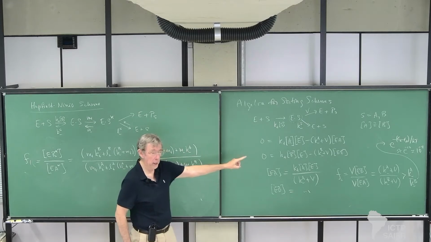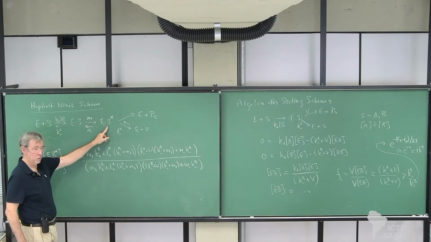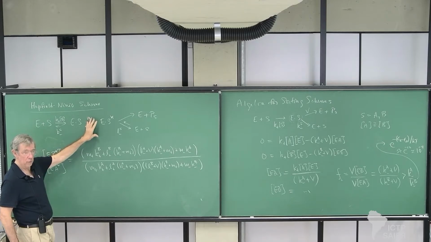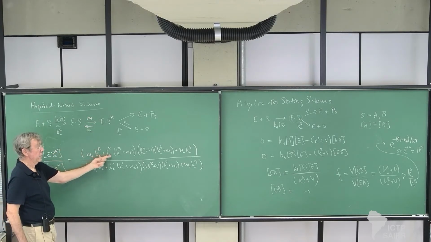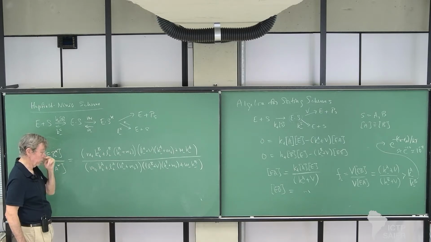You have not done anything. Even though you've chained together two of these enzymatic steps, if you insist on thermal equilibrium, then you don't get any gain. Putting two together, two is not better than one. That's the claim. That's somehow buried in this complicated expression that depends in a complex way on the parameters.